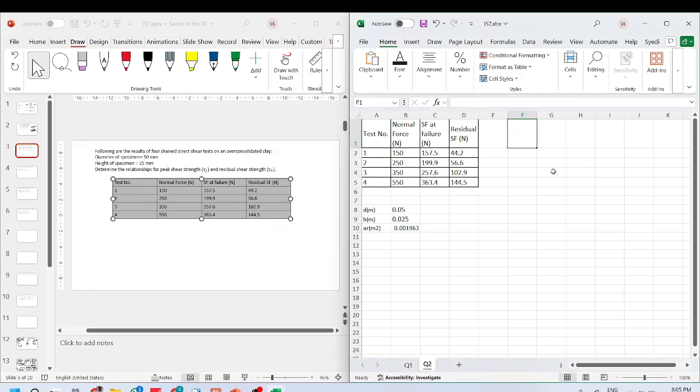So what we can do is let's calculate tau at failure and residual tau. Okay, this will be normal force over area, but we want this in kilonewton.